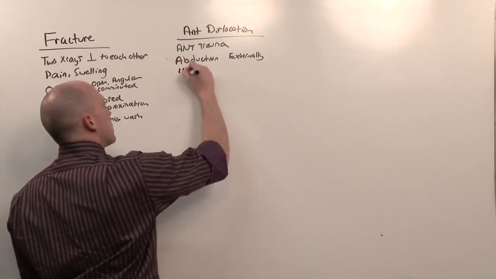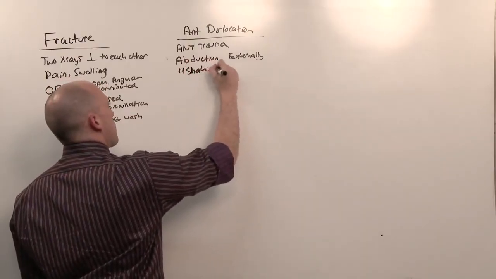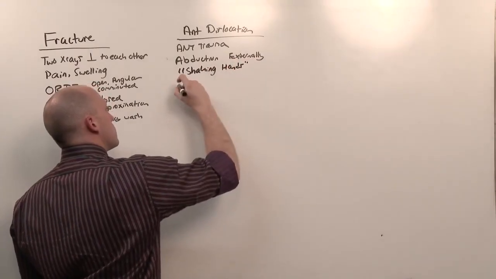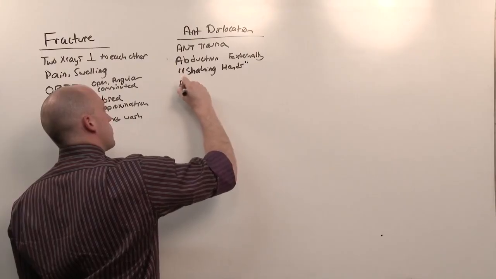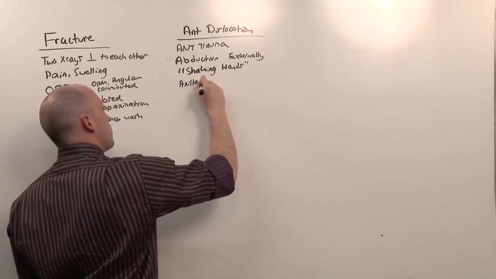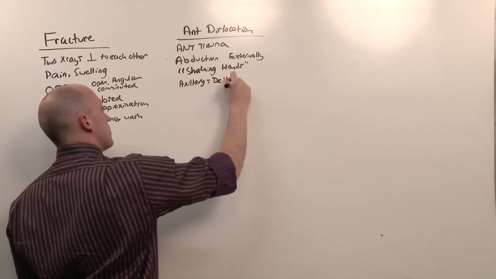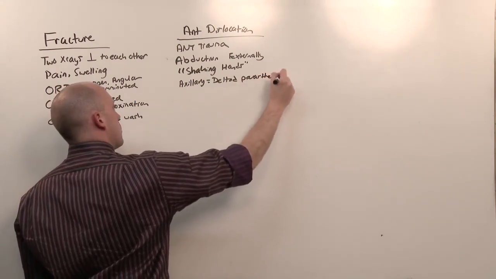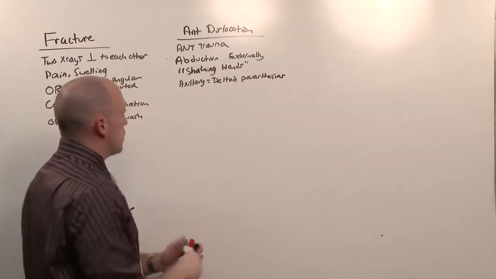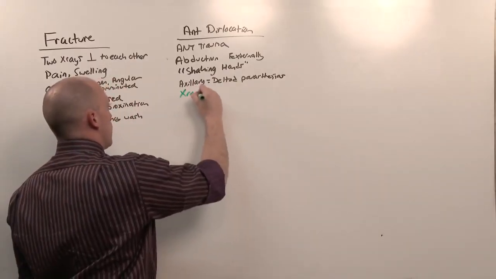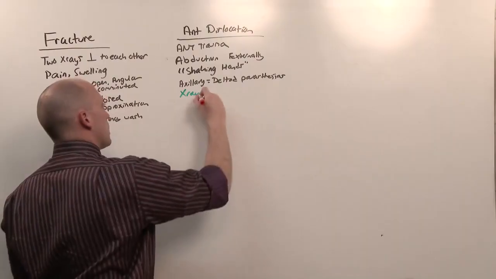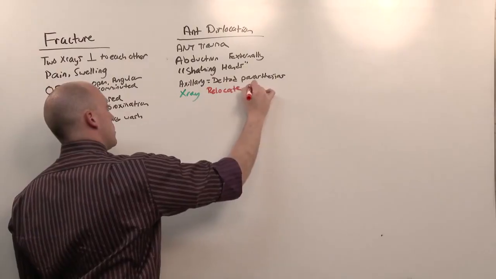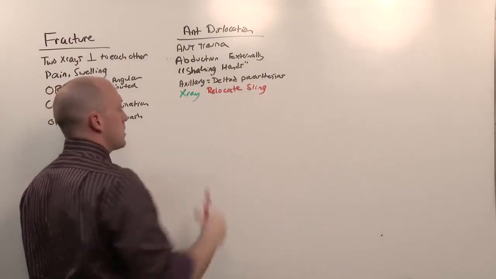As though they are shaking hands. Because there is the axillary nerve near there, you might have deltoid paresthesias. Now if you see it, it's a clinical diagnosis. You can get an x-ray, but once you see it, you're going to relocate and sling. You just pop it back into place and then let them rest it.